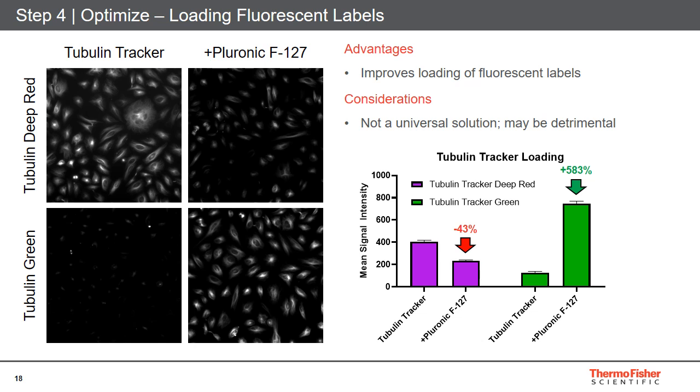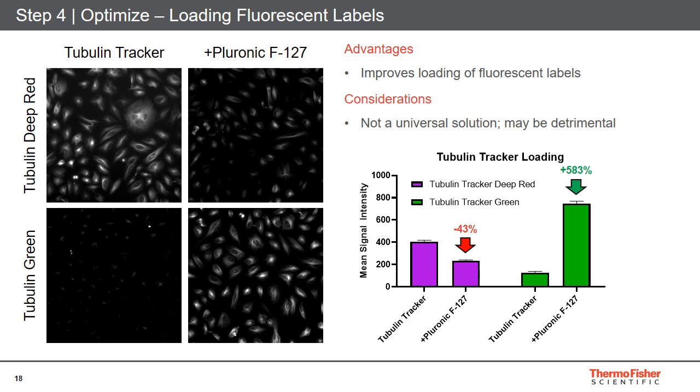And PowerLoad is essentially a combination of these different pluronics that has been formulated for loading of AM esters. Here what we're using is a single pluronic, F127, that we have found to be very effective for loading our green tubulin tracker. So we'll be using this tubulin tracker example throughout much of this talk.